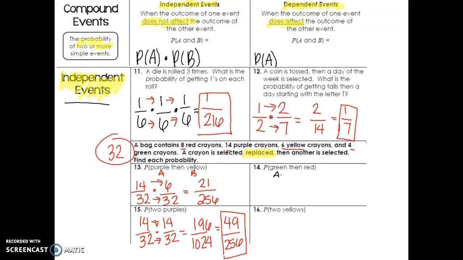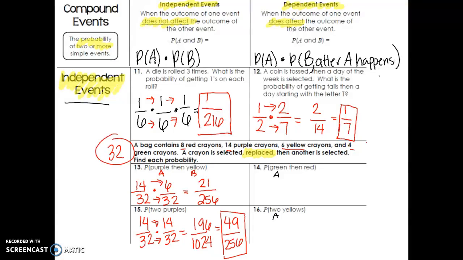Whatever first probability they tell us, that's always going to be A. Leave that alone. But we have to multiply that times the probability of B after A happens.